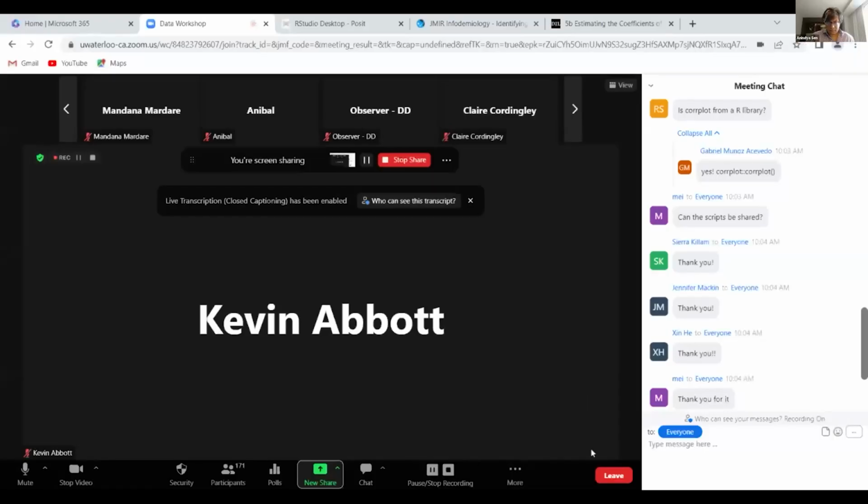Okay, let me share. Oops, sorry, I'm having trouble locating the window. Ethan, can you see my R? You are screen sharing the Zoom call right now, so you'll have to try again.